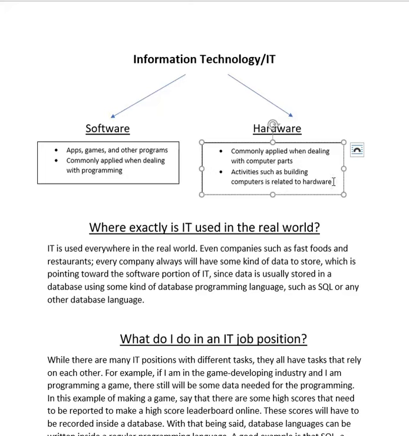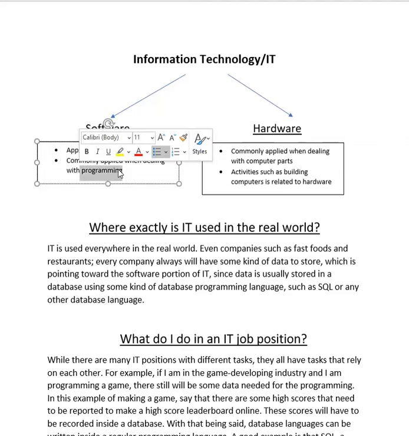I think it can be any other electronic hardware as well. It doesn't really have to be computers. They're all part of information technology. So if I'm building a computer, that would be hardware, while if I'm coding or programming something, that would be software. And for more programming videos, be sure to check out my Python programming playlist, which is totally different. It should appear right on my home screen.